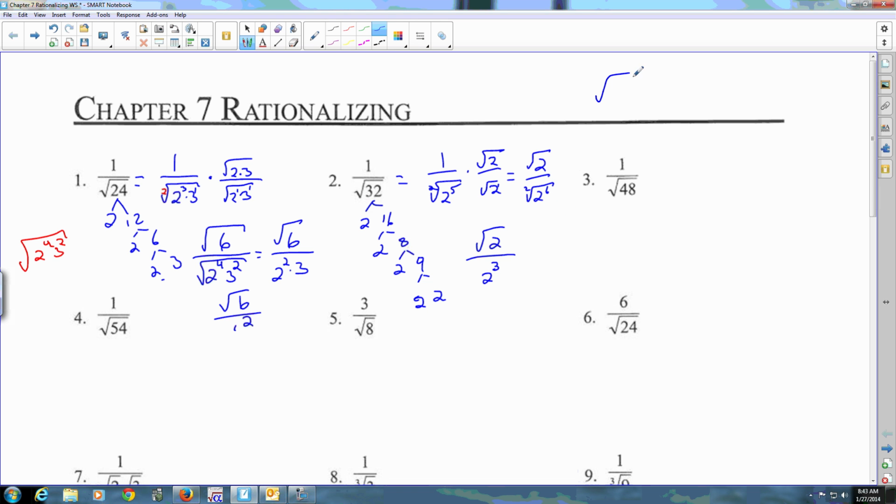Okay, just like we've been doing these the other day. 2 to the sixth. It's 2 squared, 2 squared, 2 squared. That pops out as 2, that pops out as 2, that pops out as 2, because the powers are matching the roots. So what comes out is 2 cubed, or 8.